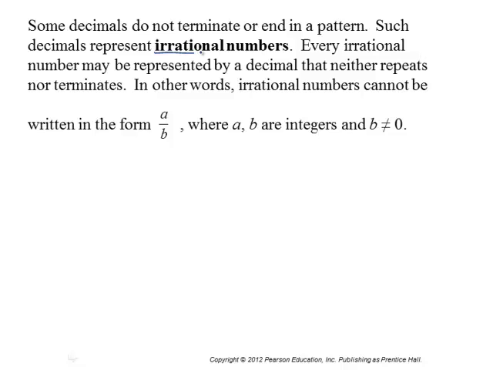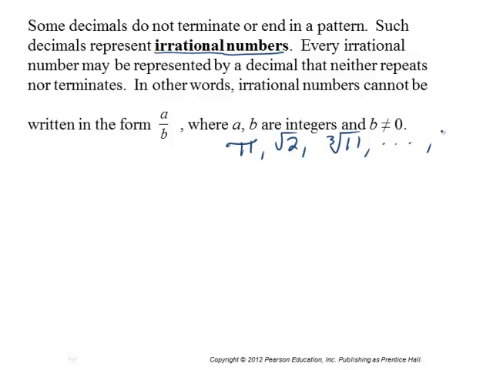And then finally, we get to irrational numbers, which are real numbers that are not rational. And we're talking about pi, square root of 2, cube root of 11. So lots of different roots.